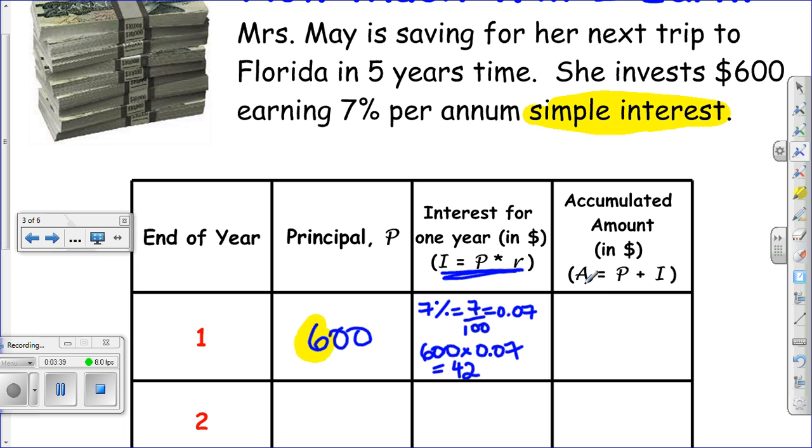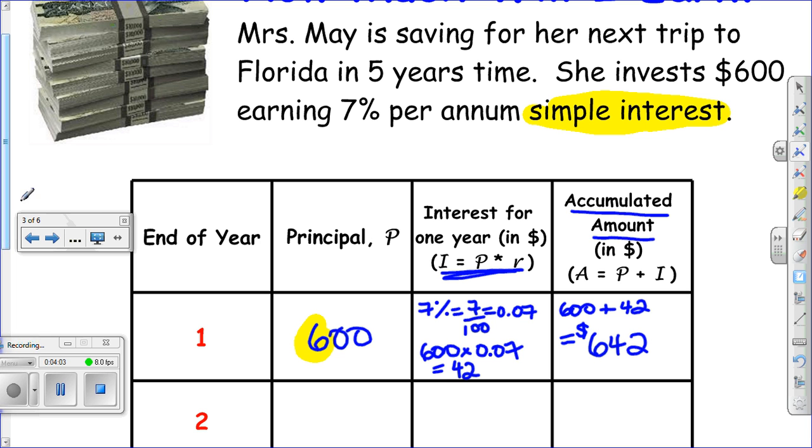Then A, remember A represents accumulated amount, and that's the total amount of money you have. So it's going to be your principal, P, which was 600, plus the amount of interest you earned in that year, 42, for a total of $642.